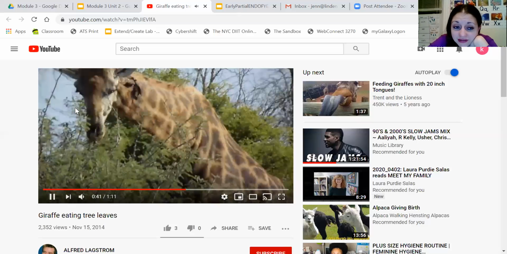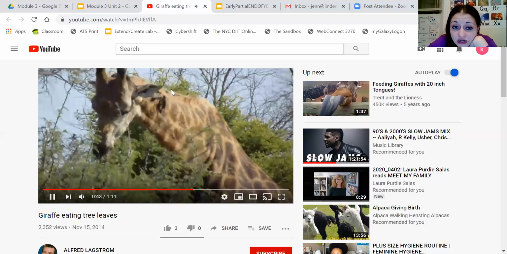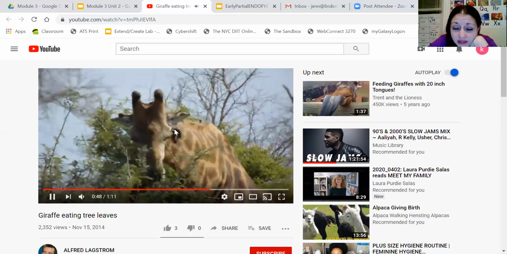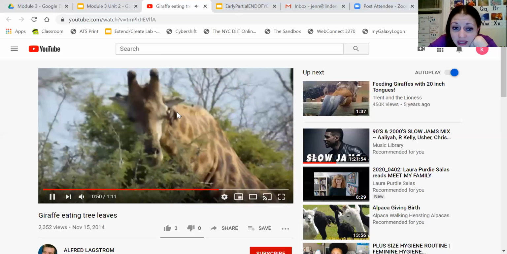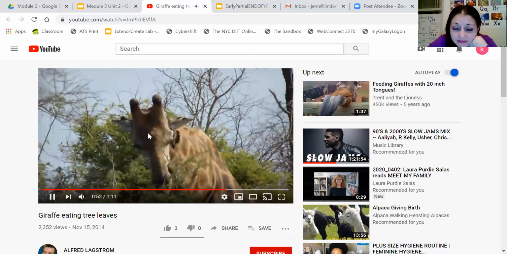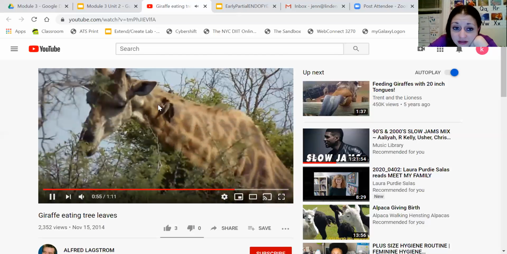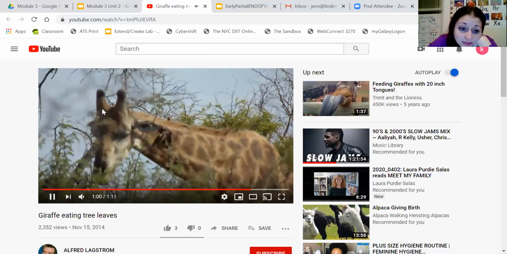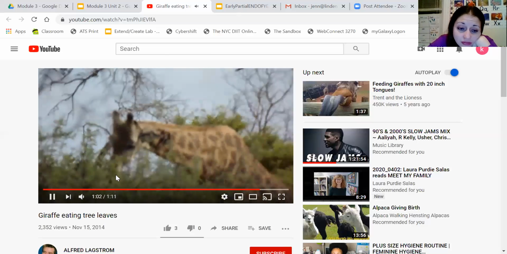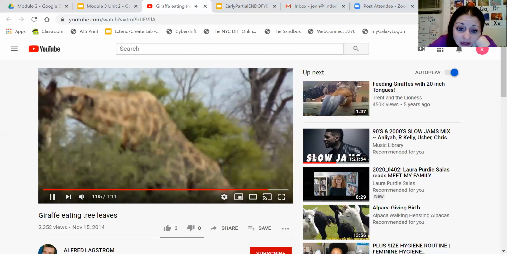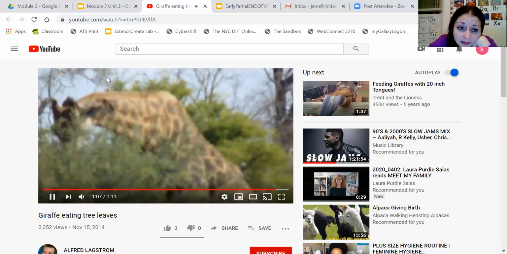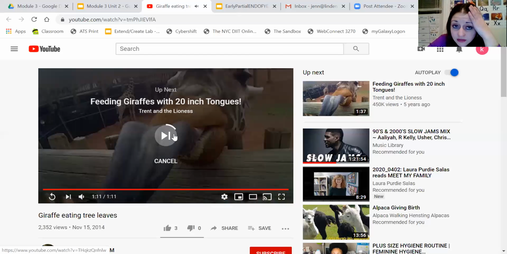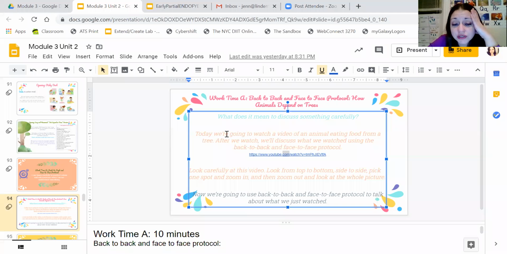He was just chilling on top of the giraffe. Oh, there's another one right on the side of the giraffe, just hanging out. I guess he likes to have a high view up there. And notice how the giraffe doesn't care that there are birds just sitting on him. And then Mr. Giraffe right here, he's eating all the leaves on the trees. And the birds seem to be flying up to the trees and back down to the giraffe. So they're getting the leaves they want from a tree too.